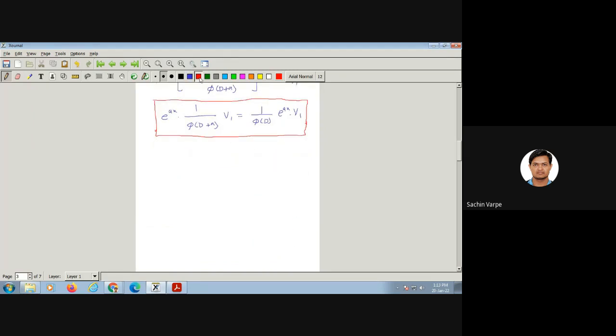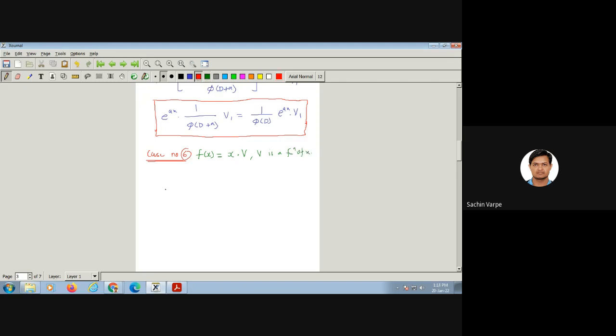The next case, case number 6, is when the right hand side function f of x is the product of x into v, where v is a function of x above.